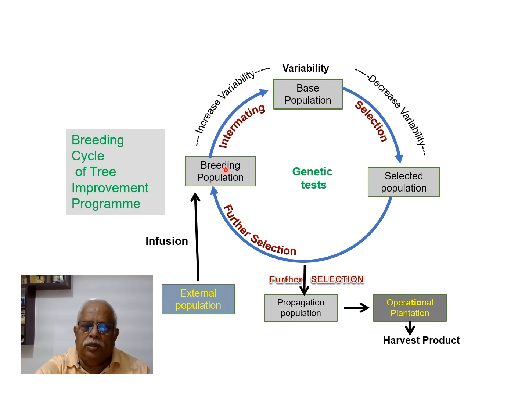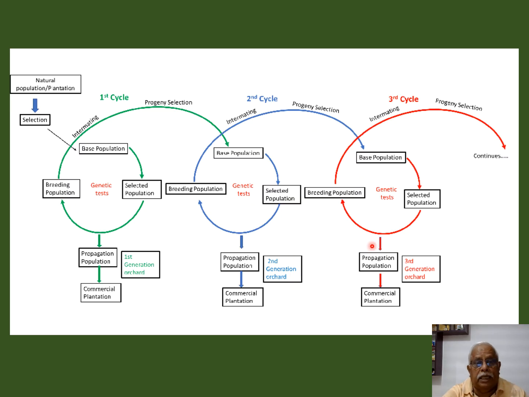And when you do continuous breeding for about 3-4 generations, the genetic base becomes very narrow. At that time we add an external population, which we call an infusion population. This can come from outside, from another breeding program or institute, and that will help us in widening the genetic base.